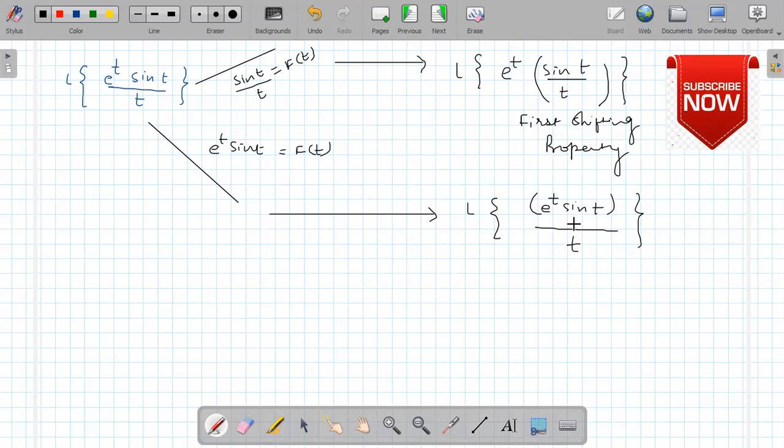That means when the function is divided by t, then how to find the Laplace transform? You have to use that property by taking this as f(t).